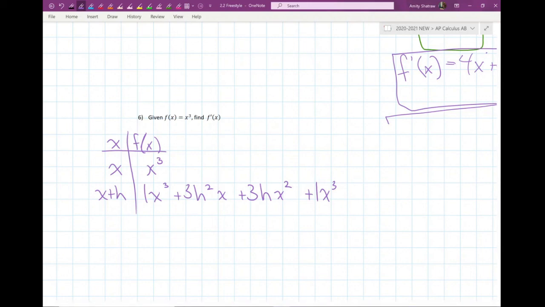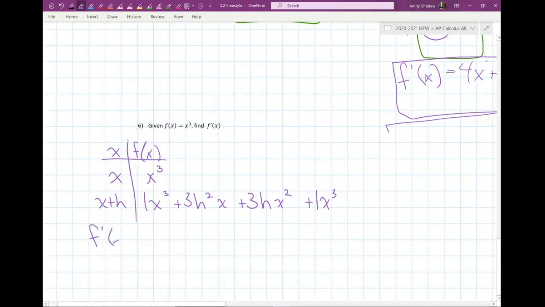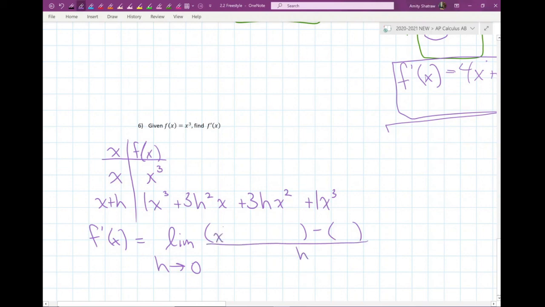Okay, so here we go then. What about the derivative? Let's say that f prime of x is going to equal the limit as h approaches 0 of something really long, minus something really short, and all of that is over h. So I have x cubed. Remember, I don't need this 1 right here, and I don't need that one right there either.